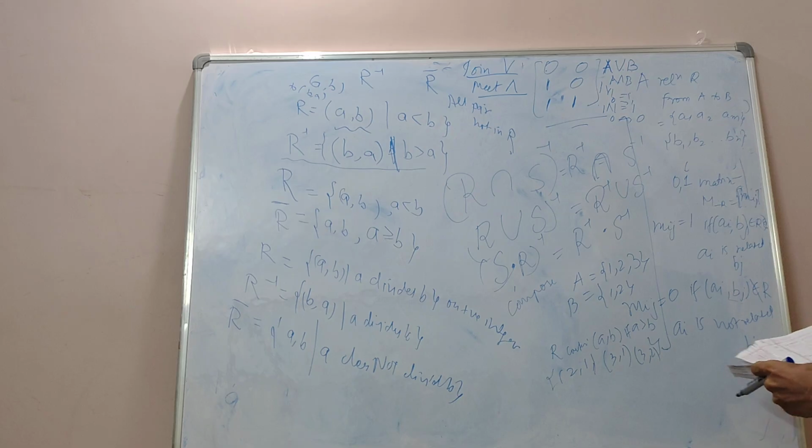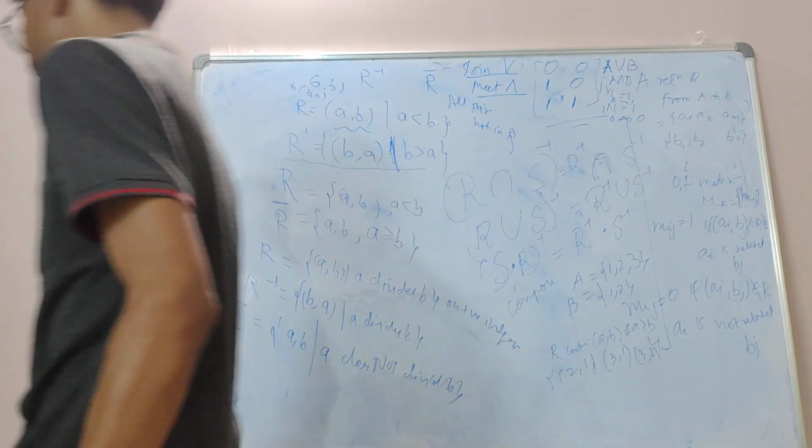Now, suppose I want a Boolean product, right? I am erasing this.